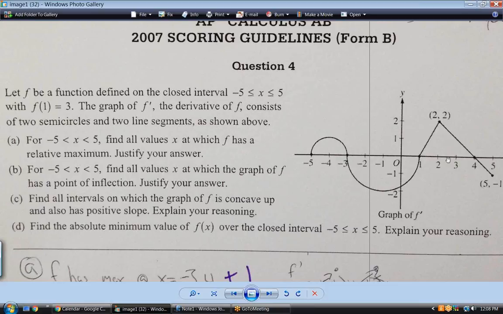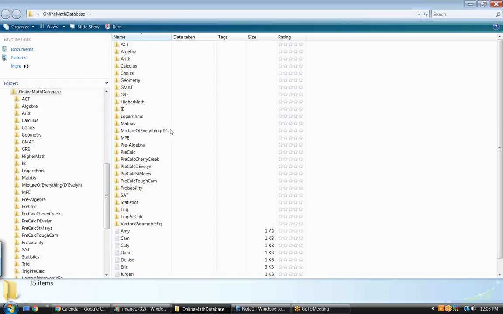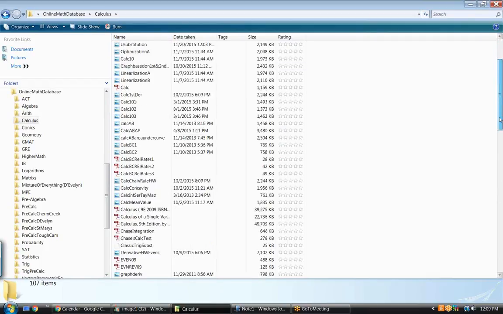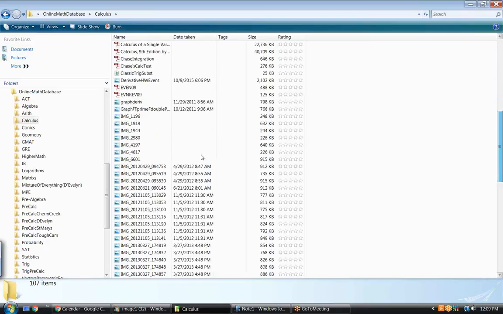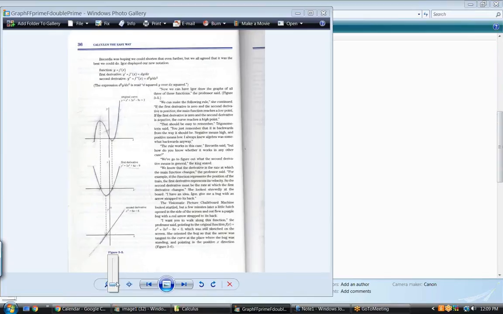In other words, should I put my picture up again that shows function, first derivative, and second derivative? Sure. You can't ignore all of those principles. Those are the underlying principles of calculus, the relationship between that first derivative, the function, and the second derivative. There's my picture.